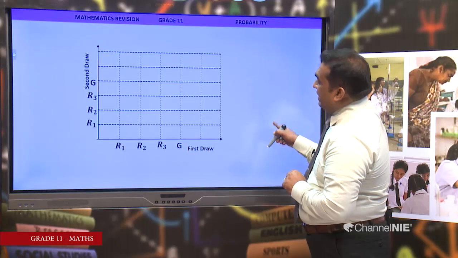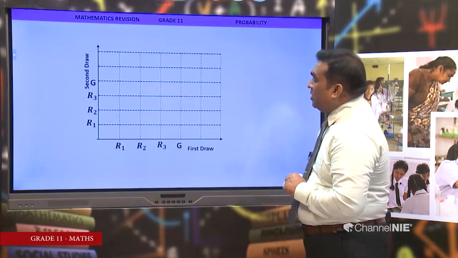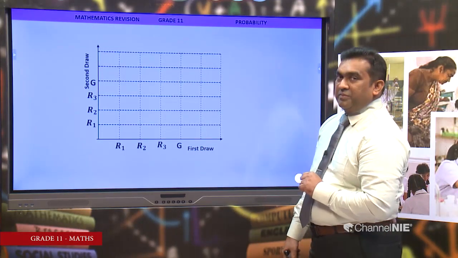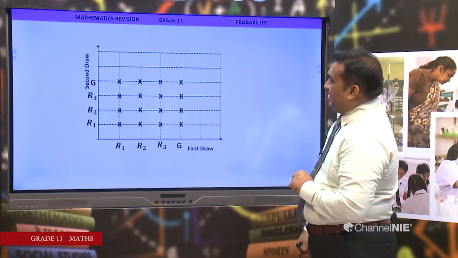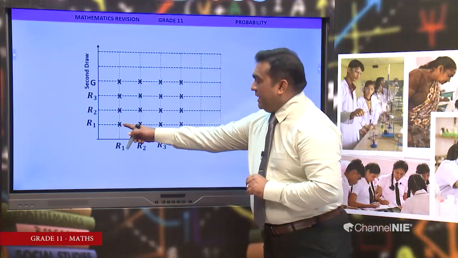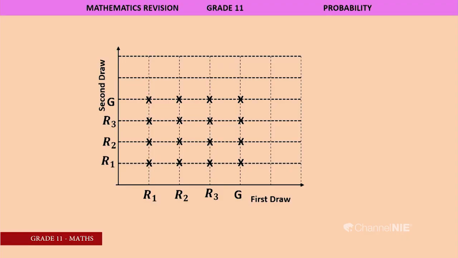Here this is the grid: first drawn, second drawn. In the first draw, a red ball; in the second draw, a red ball, with replacement.